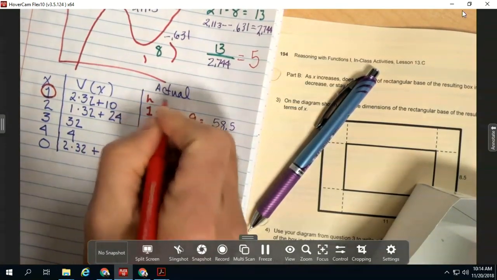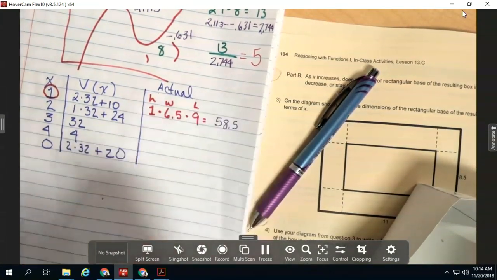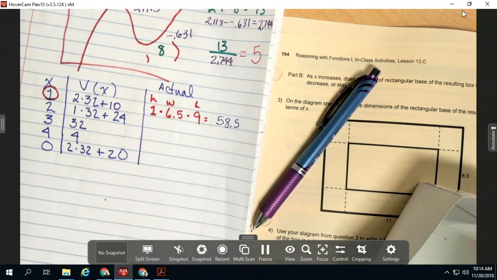So this was height, width, length. Each one of them you're going to have 3 dimensions: height, width, and length. What are you getting? You guys get them?